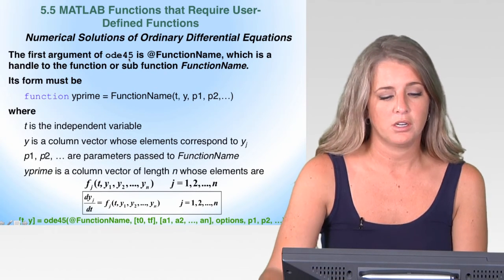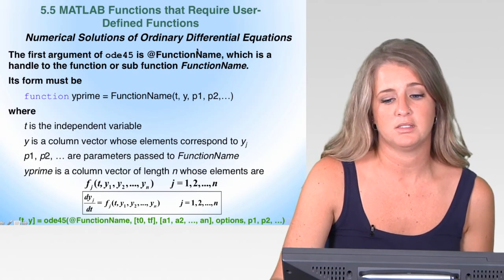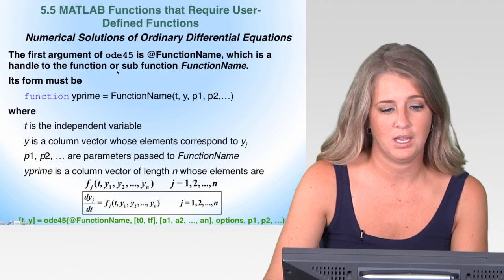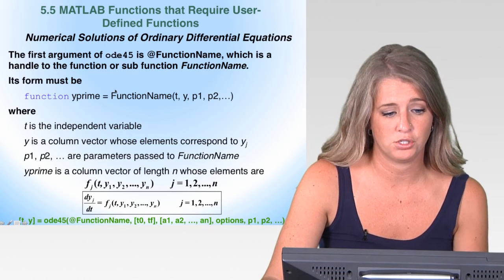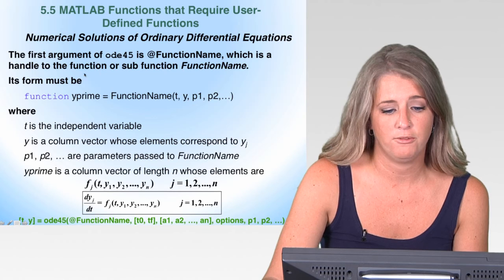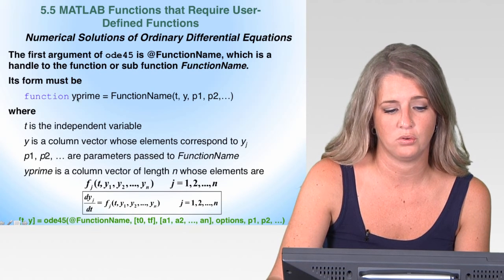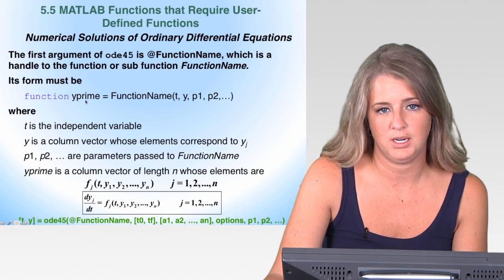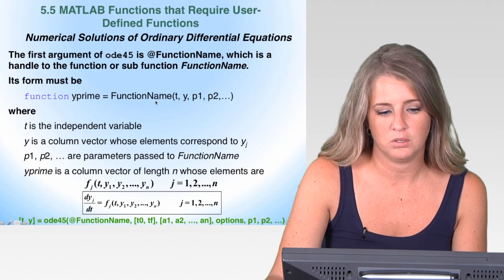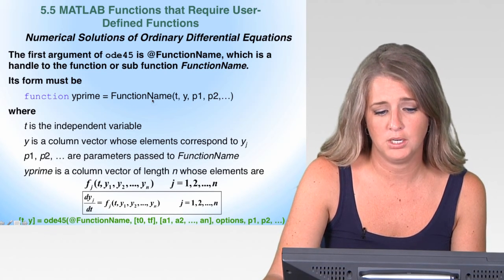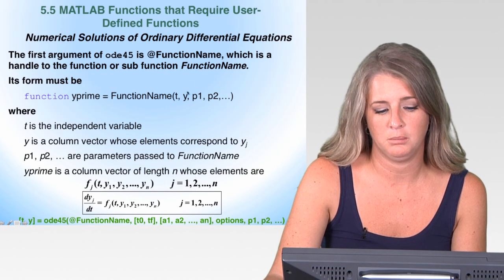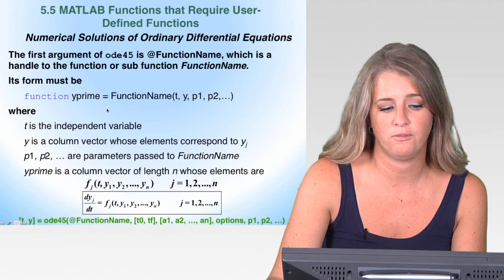The first argument of ODE45, again, is the function name, which is a handle to the function or subfunction. So the subfunction takes this general form. We have function y prime, this is just the name of our function, equals function name, so this is our handle, and then here are our input arguments to our expressions that will follow this.